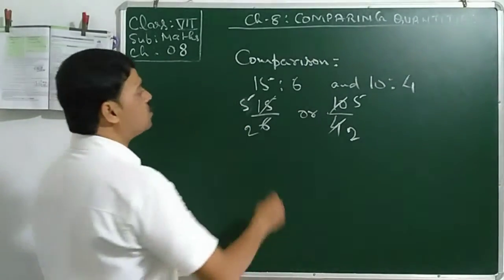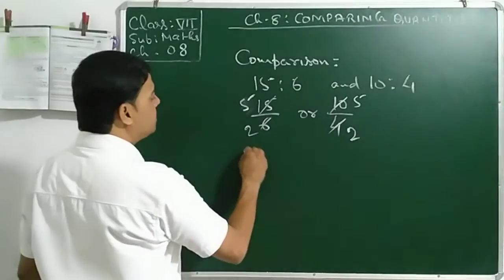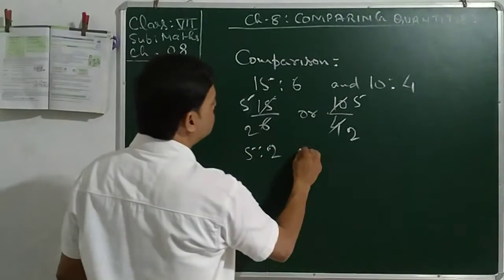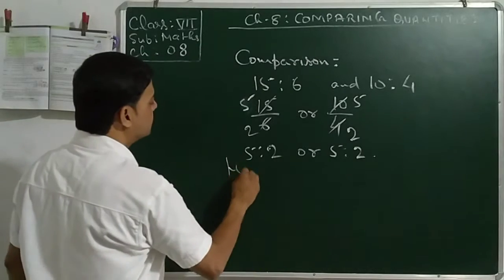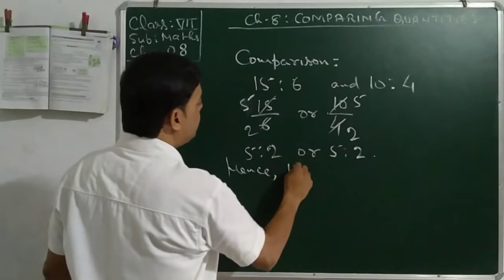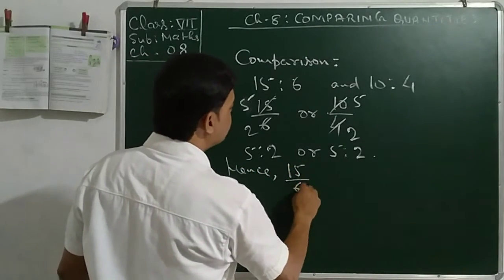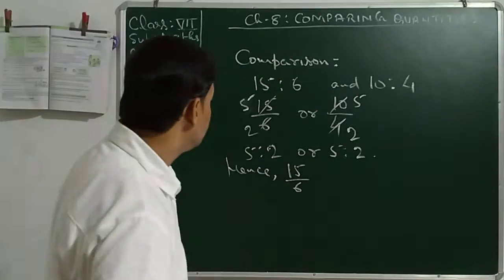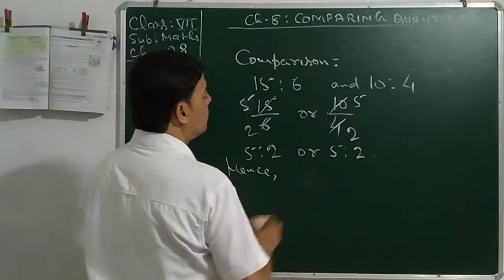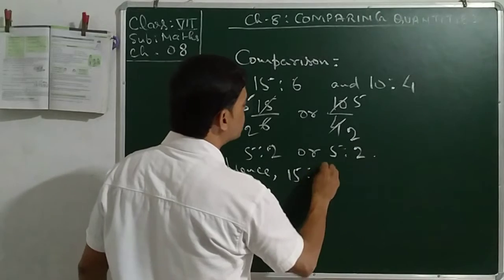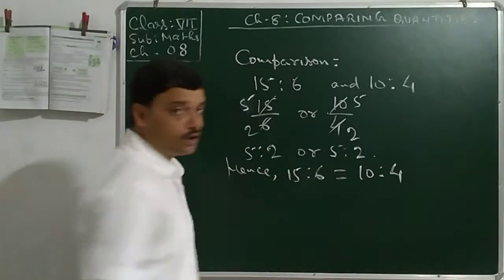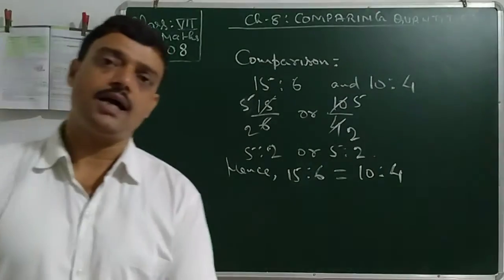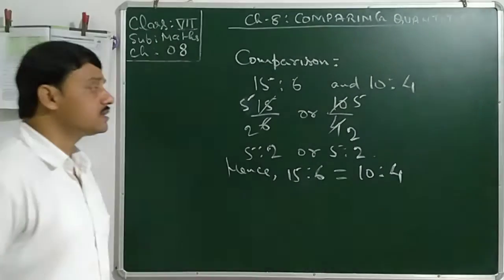This was 5 is to 2, and this also you got 5 is to 2. Hence we can say 15 is to 6 is equal to 10 is to 4, or in other words, they are equivalent fractions.